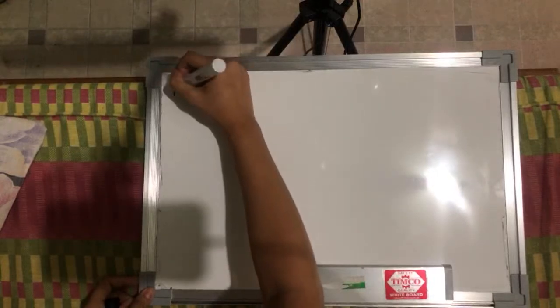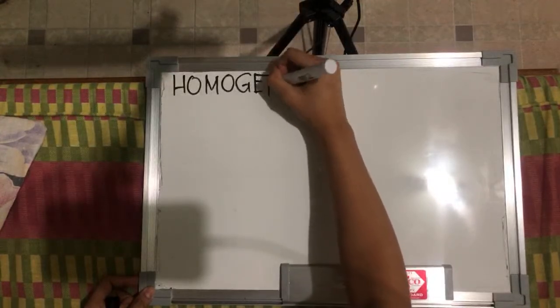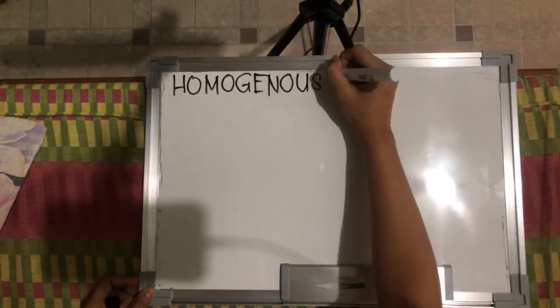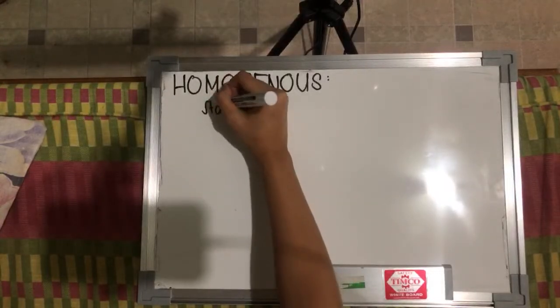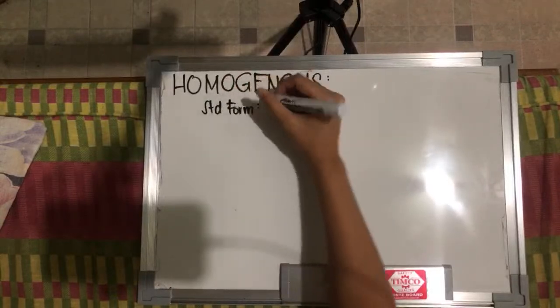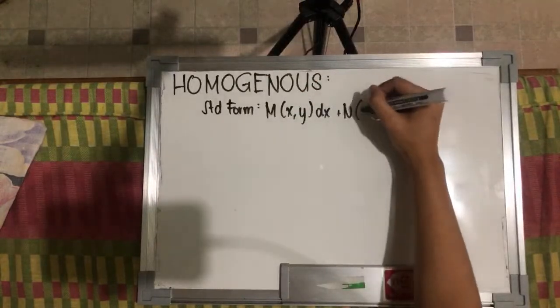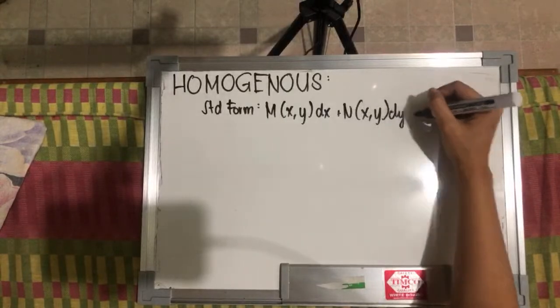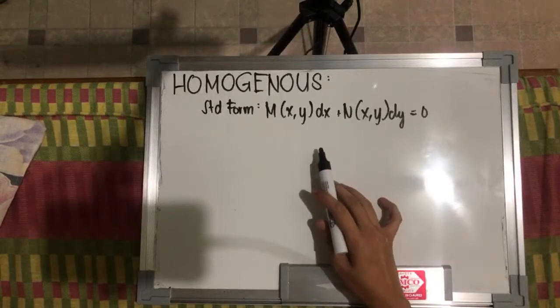So, homogeneous. So, yung homogeneous, yung standard form neto is... so there is no way na mapaghihiwalay niyo yung dalawang variables, yung x at y.